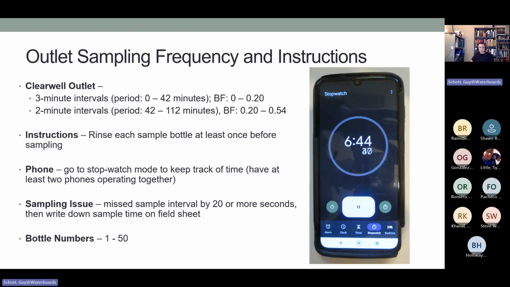For the duration of the test, we're going to start out with 3-minute sample intervals, sampling every 3 minutes for up to the first 42 minutes. That's associated with a baffling factor from 0 to 0.2. Then from 42 minutes all the way to the end of the test, we're going to sample every 2 minutes, which is associated with a baffling factor of 0.2 to 0.5.